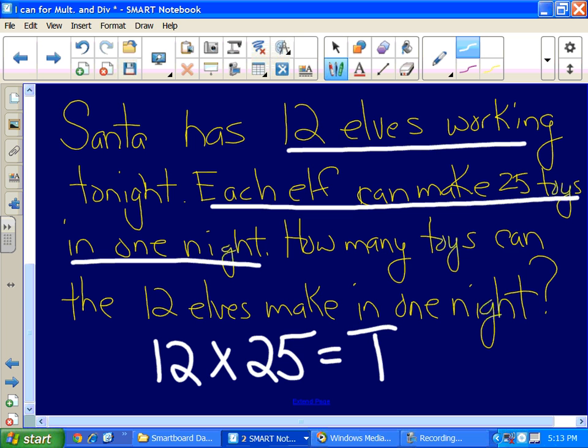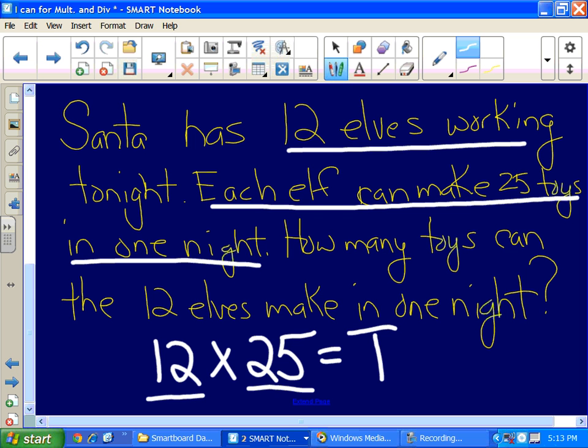Okay, so you can always draw that out. So we know the groups, we know the number that each group made, and so therefore we can find the total. So this is a multiplication problem. Remember, one of the keys in determining if it's multiplying or dividing is not looking at keywords in the problem. It is thinking about what is happening in the problem.